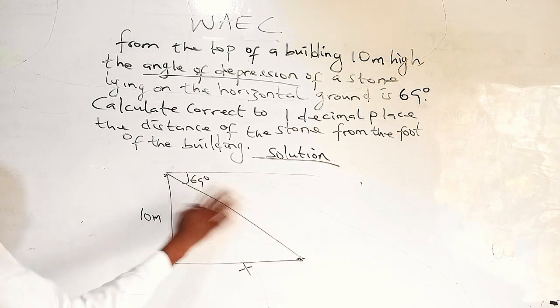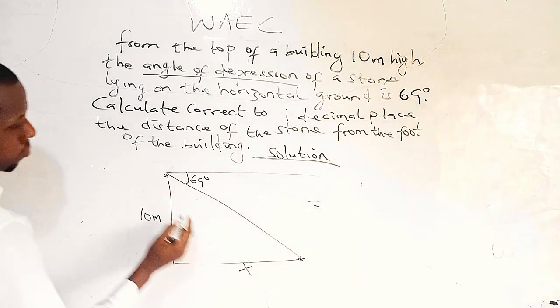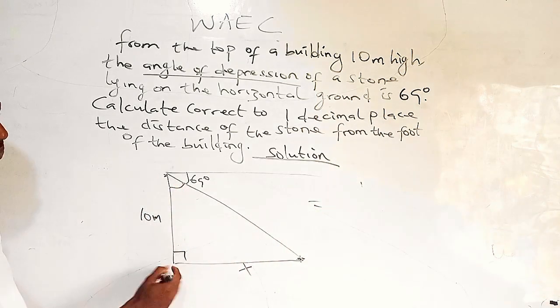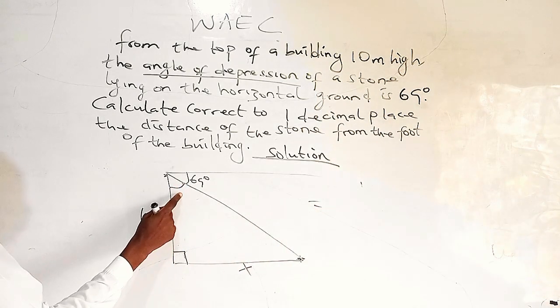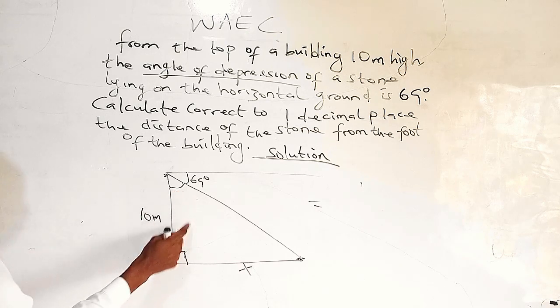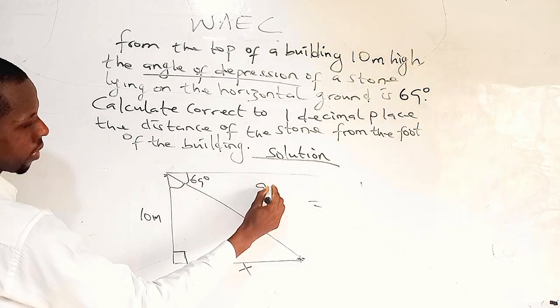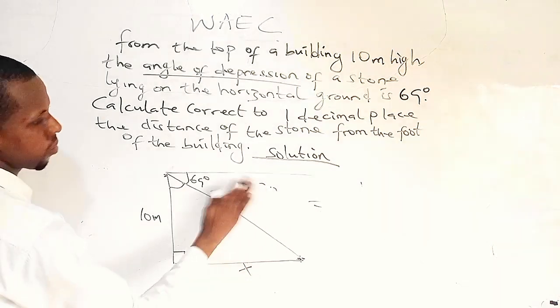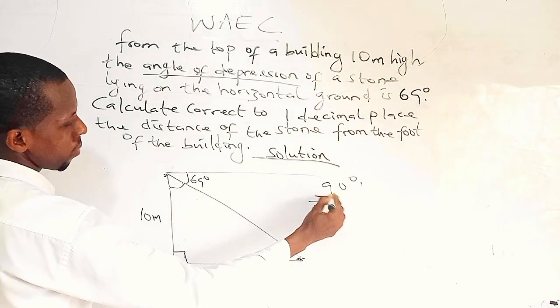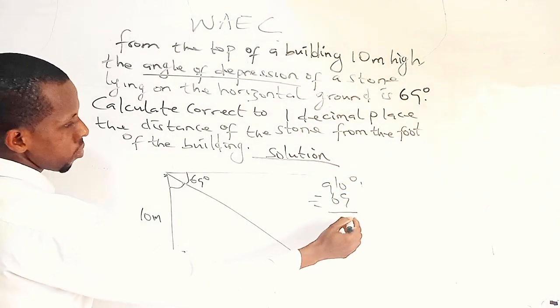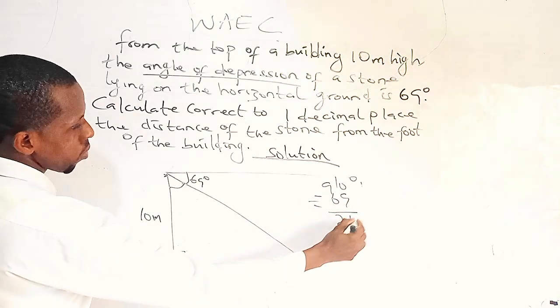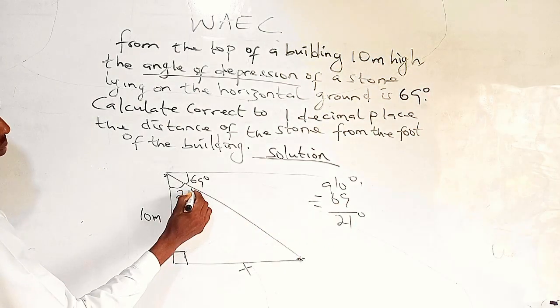Now, when we observe this, we discover that something is missing here because this is a right angle. To figure out the missing angle here, we subtract 69 degrees from 90 degrees. That gives us 21 degrees. So the missing angle is 21 degrees.